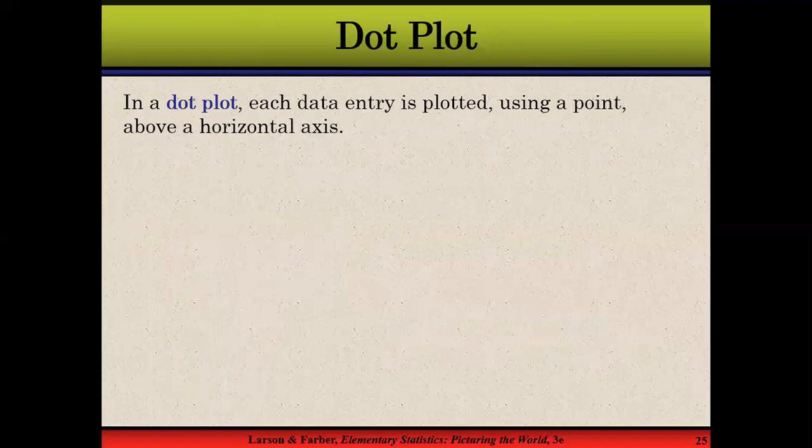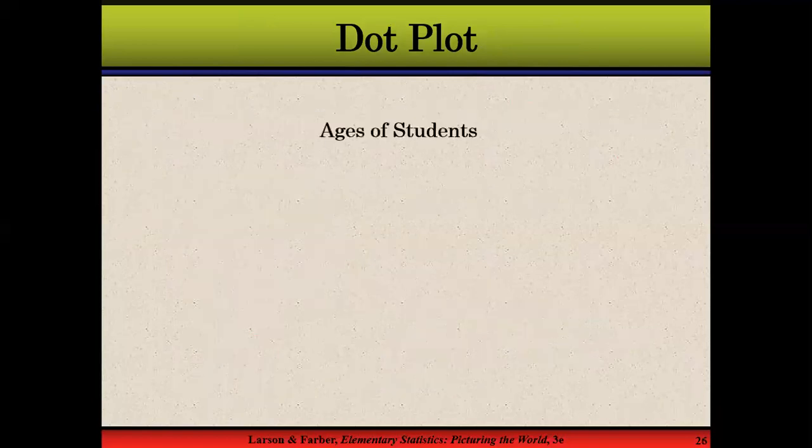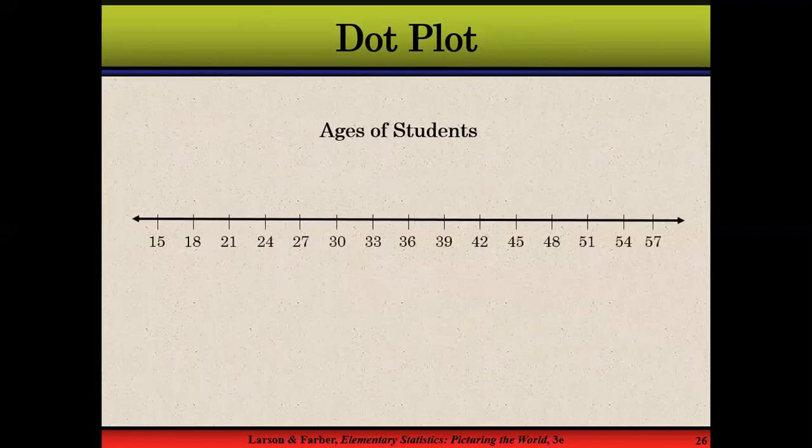Then another very interesting exploratory plot is called a dot plot, where we have a horizontal line which starts from the lowest value and goes up to the highest value. Then we put a dot on the number line wherever a value exists.